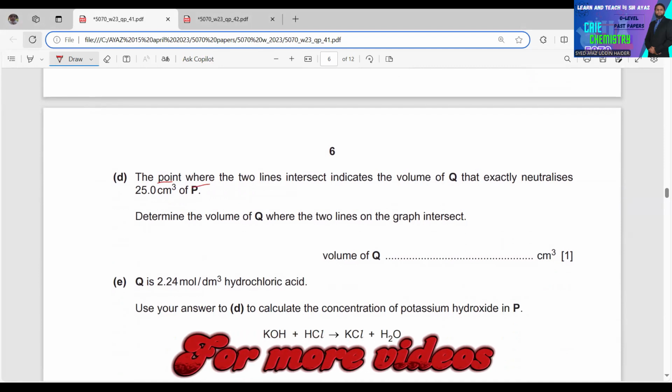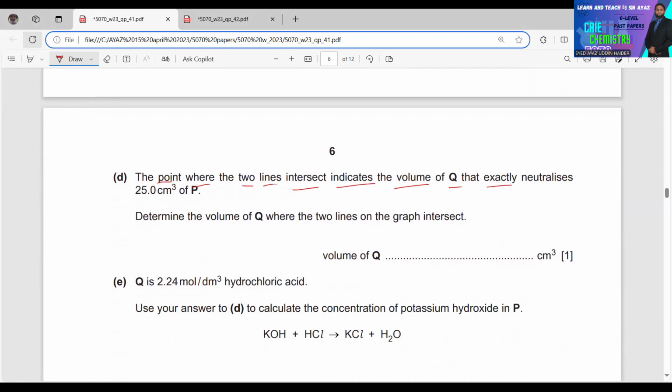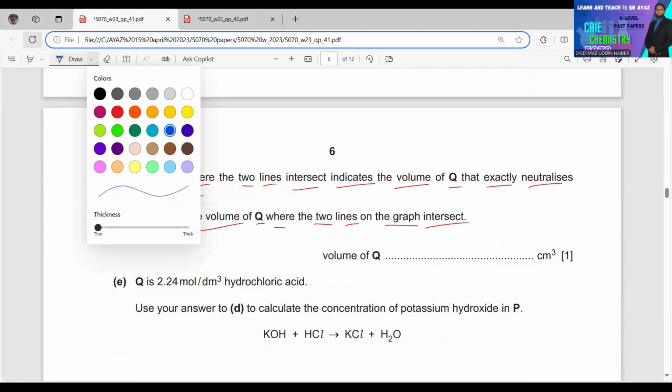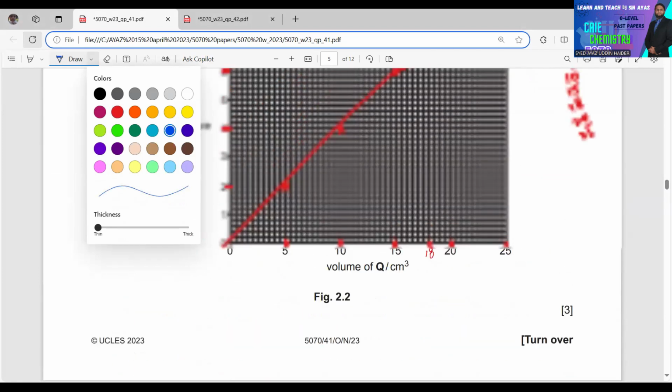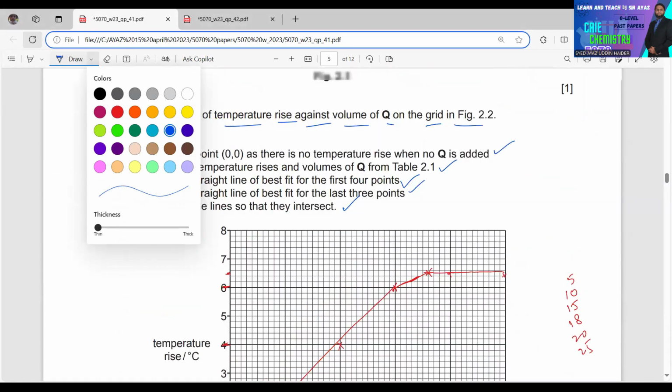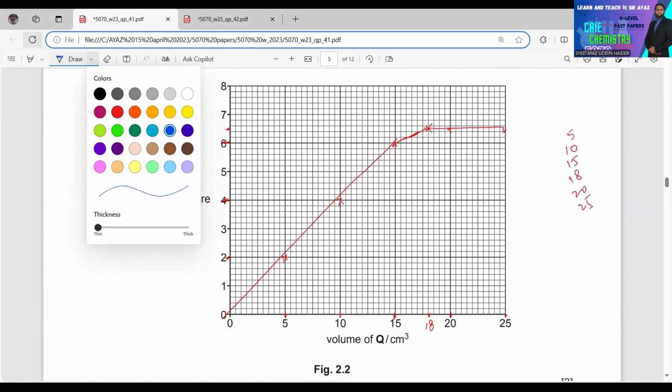Part D, the point where the two lines intersect indicates the volume of Q that exactly neutralizes 25 centimeter cube of P. Determine the volume of Q where the two lines on the graph intersect. Let's see the line. It must be between 15 and 18.